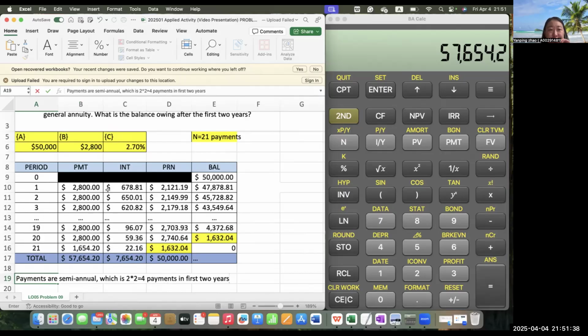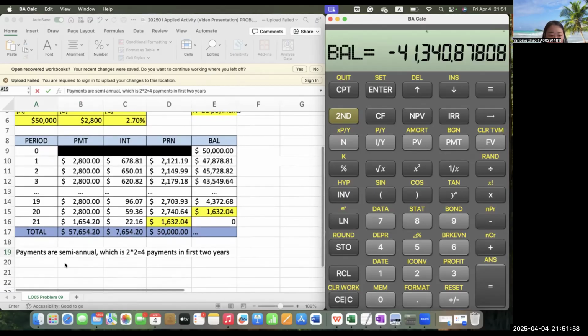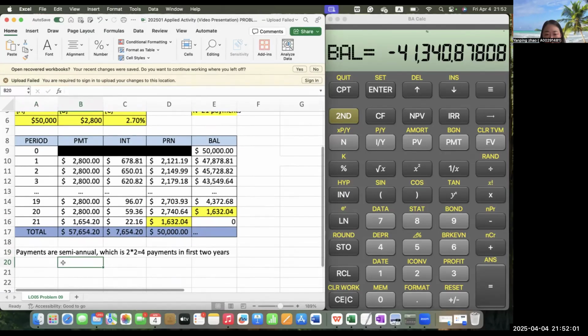And we can calculate P1 is 4, enter, P2 is 4, enter. We can figure out the balance. We don't need to write down the negative. The balance equals to 4.